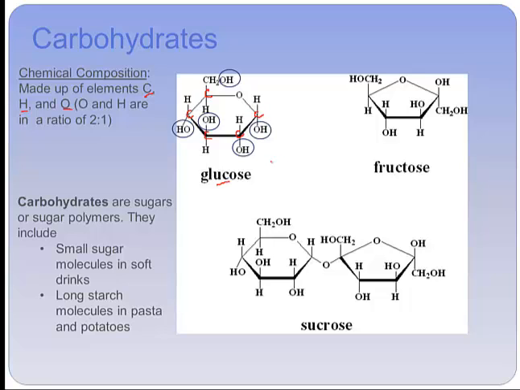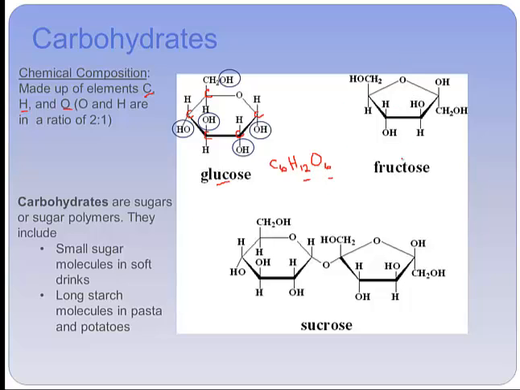If we write down the chemical formula for glucose, it is C6, meaning there are 6 carbon, H12, so there are 12 hydrogen, O6, meaning that there are 6 oxygen. So you'll see in terms of oxygen and hydrogen ratio that it's a 2:1 relationship. There are twice as many hydrogen as there are oxygen.